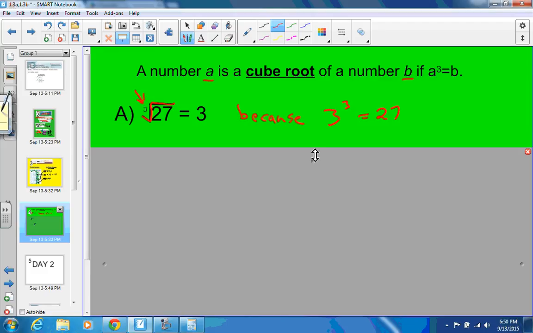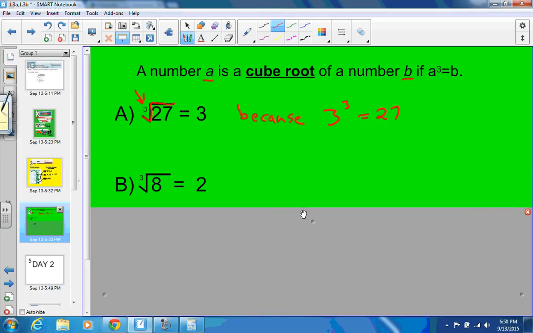It's hard to explain, you just have to see more and more of them. Cube root of 8 would be 2. And hopefully you're catching on. It's because 2 cubed is 8. So 2 times 2 times 2 is equal to 8. This one up here was 3 times 3 is 9 times 3 is 27.